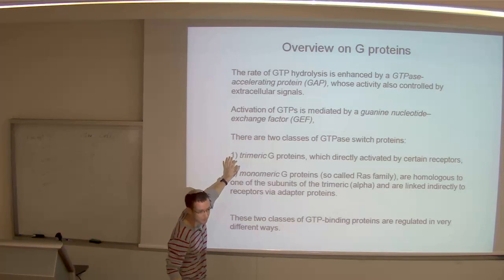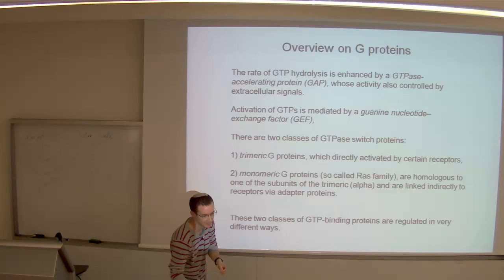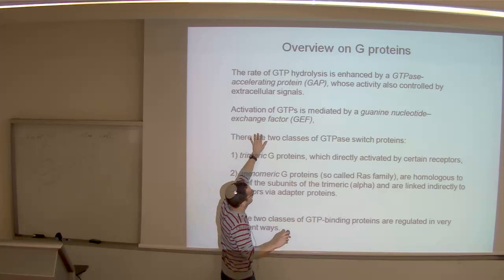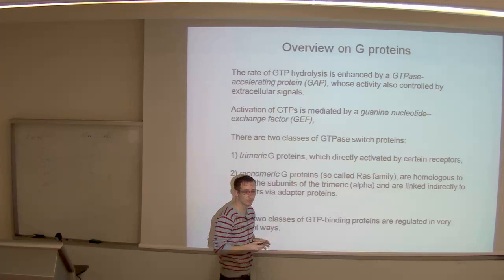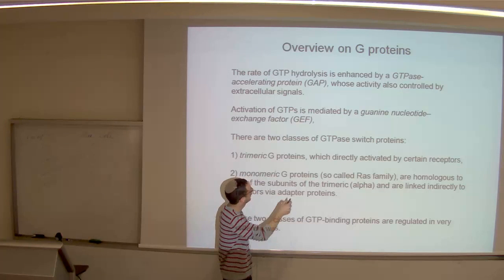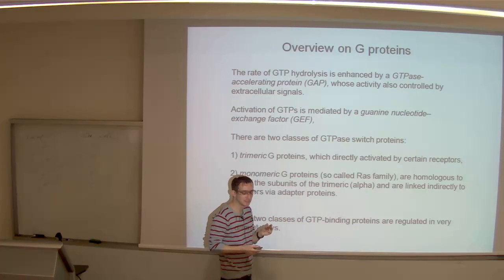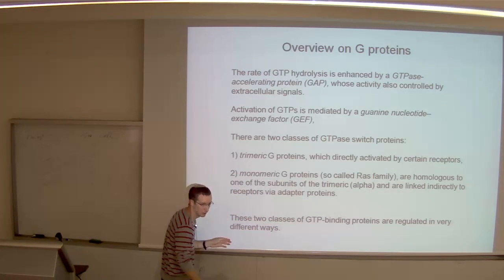So, the final time, I'll say it again: the GAP determines how fast the GTP will be hydrolyzed in the G-alpha, and the GEF will determine how fast a new nucleotide will exchange the old one.